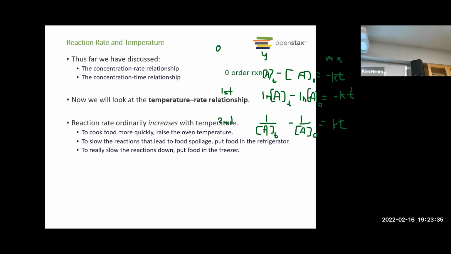If we want to slow down the rate of food spoiling, we put it in a refrigerator, right? Because it slows down the chemical reaction that's happening with bacteria. And if we want to slow reactions altogether, we put things in the freezer, right? Because that will slow those chemical reactions.